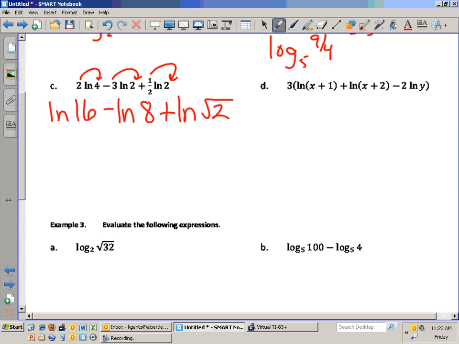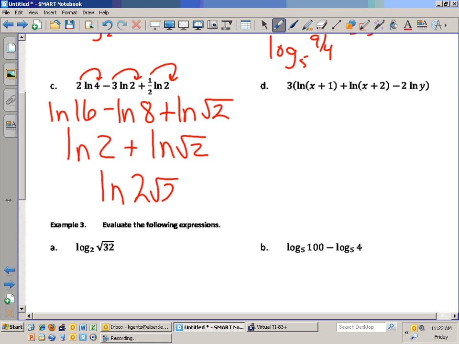Now, if they're minus, what can I do with the 8 and the 16? Divide it. So you have the natural log of 2 plus the natural log of the square root of 2. Now, as they're adding, I can write it as the natural log of 2 root 2.